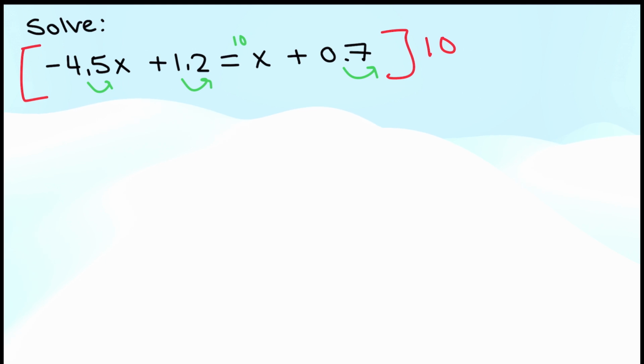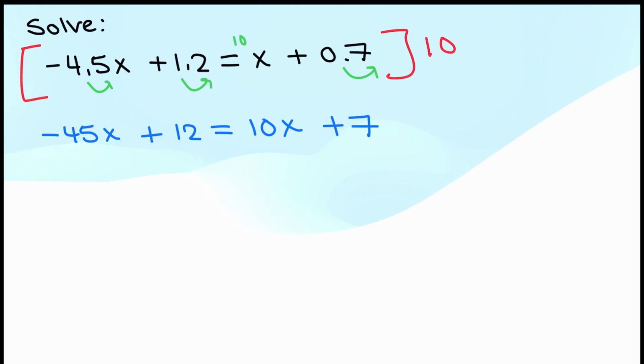So if I want to get rid of, or clear, the decimal, I can multiply every single term by 10. Multiplying by 10 takes that decimal and moves it one place to the right. So if we multiply every single term by 10, this negative 4.5x, the decimal moves one place to the right, and it turns into negative 45x.